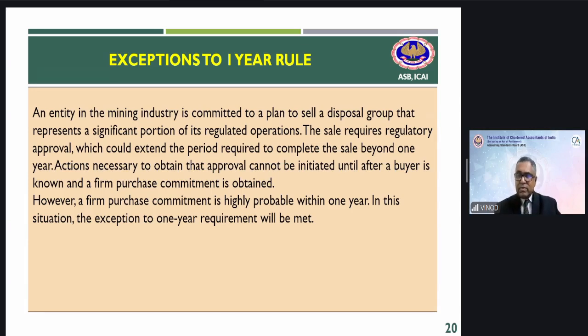But the factory is near the river, never in life you are going to get approval. So those kinds of situations are never held for sale. The approvals you are supposed to get, regulatory clearances, environment, that must be possible. Impossible approvals and regulations cannot allow held for sale classification.